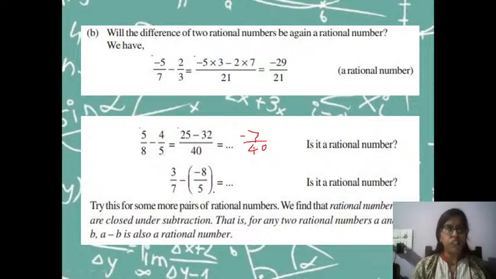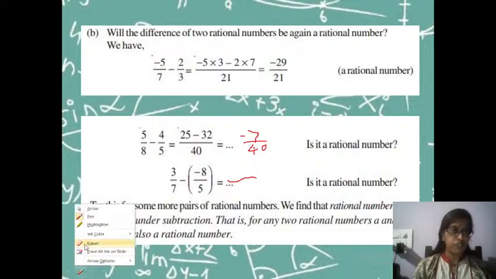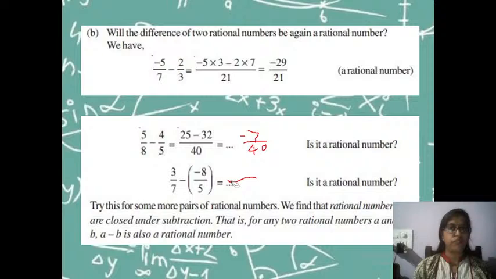Now coming to 3 by 7 minus of minus 8 by 5. Minus into minus will become plus. First we should take the LCM. What is the LCM for 7 and 5?